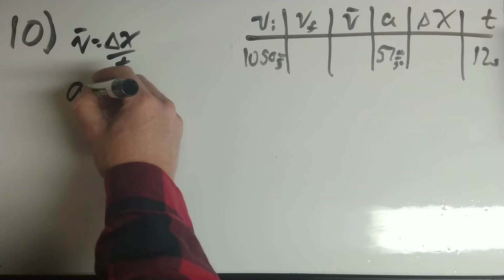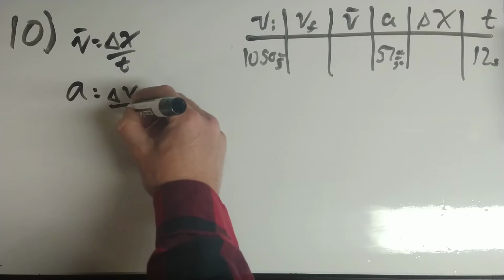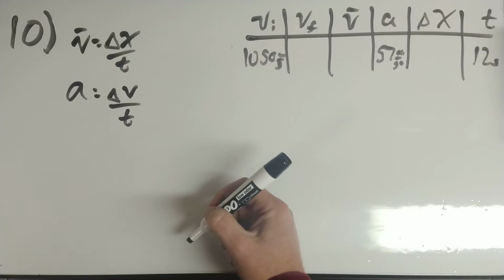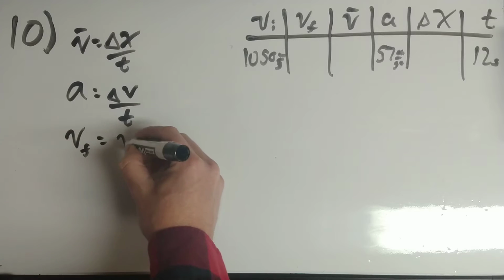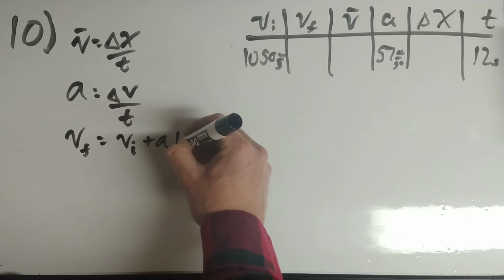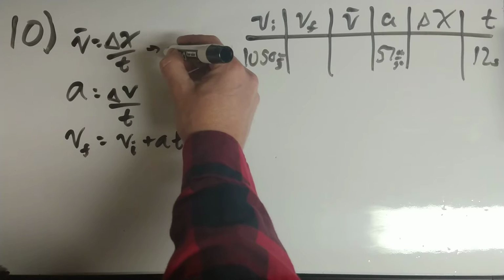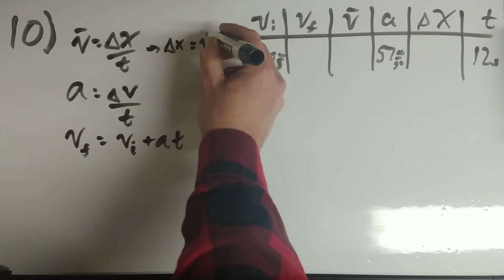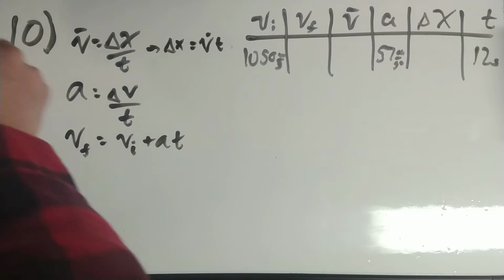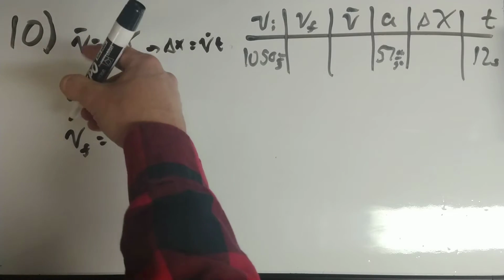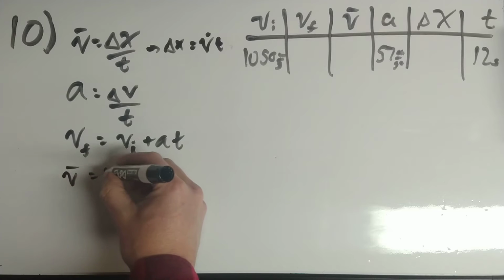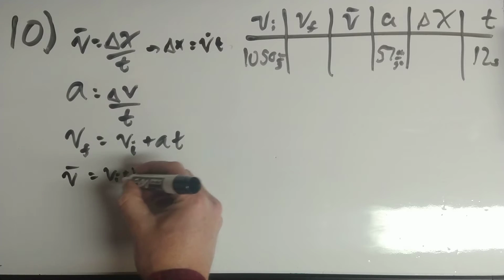We have the definition of acceleration. Acceleration equals change in velocity over time, which can be arranged to look like V final equals V initial plus AT. This one we often write as delta x equals average velocity times time. We have average velocity equals V initial plus V final over 2.